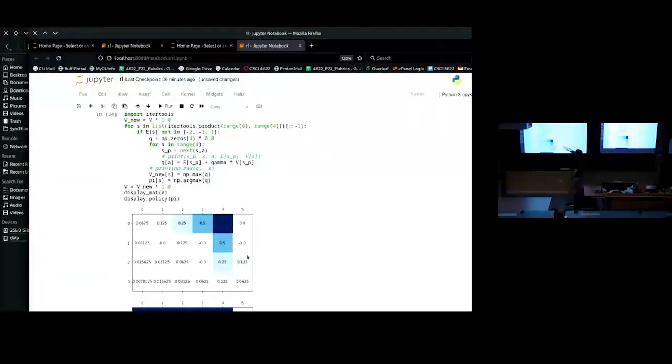So S', which is the next state, is never 05 or 15, because once the next state is 05, we finish the game. Yeah, so this is what I'm doing here. If the current state is -2, -1, or 1, which is basically these cells here, I don't do the update, because those states, I cannot access them, okay?